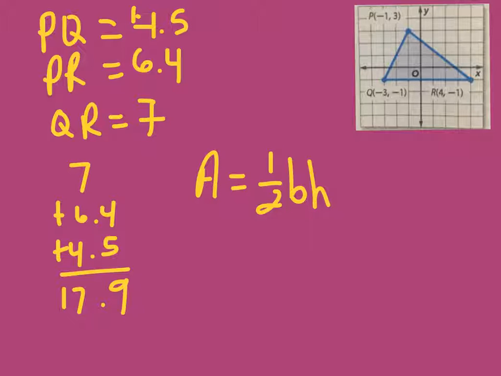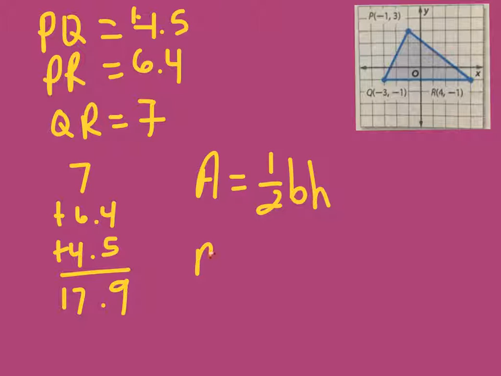For our area, we need to do 1/2 the base times the height. And we already know our base. Our base is the bottom part. That's right here. That's going to be 7. And our height, we're going to count from here. We're going to go to the tallest point that we have, which is 1, 2, 3, 4 units.